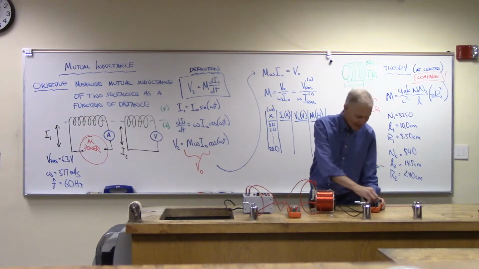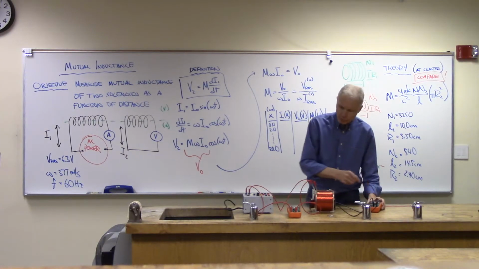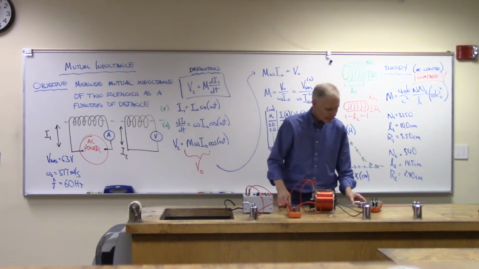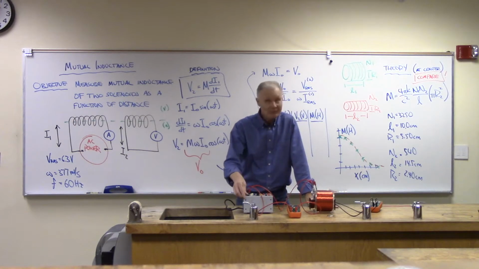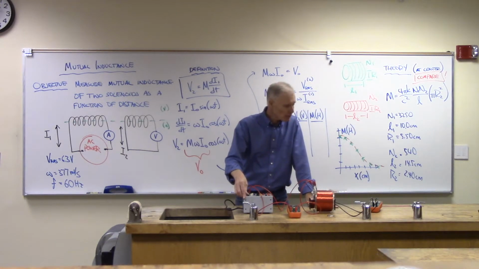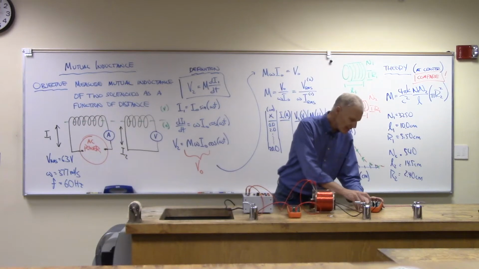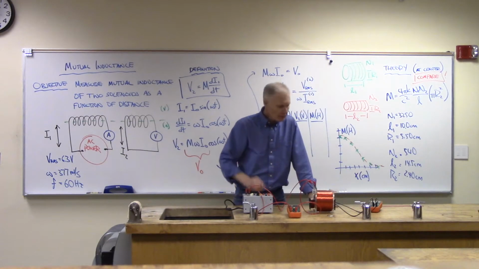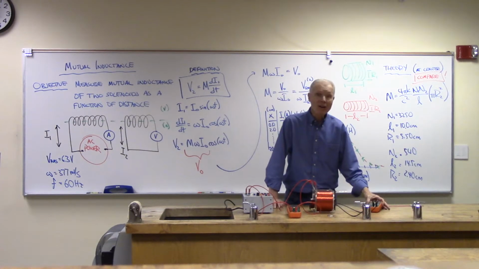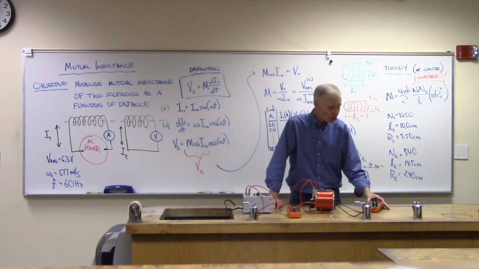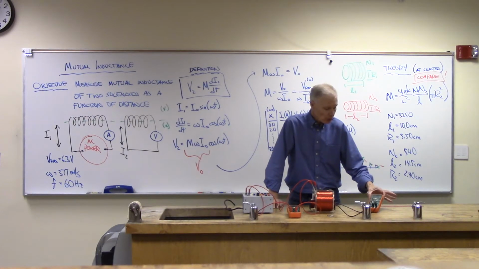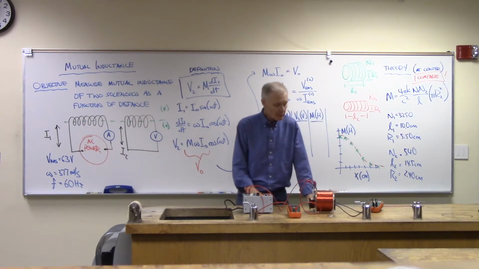So let's see if that happens. I'm going to turn on the voltmeter, and also set this to AC. And I'm going to turn this on, and sure enough, I'm getting a voltage, a few hundred millivolts over here, that's being set up.